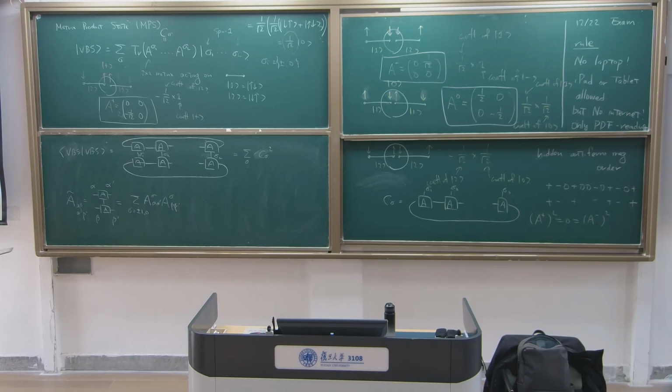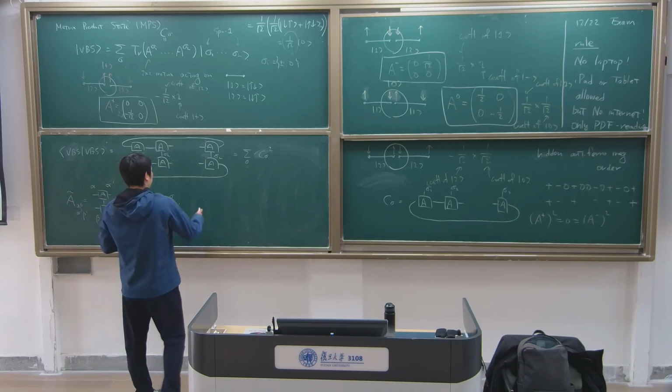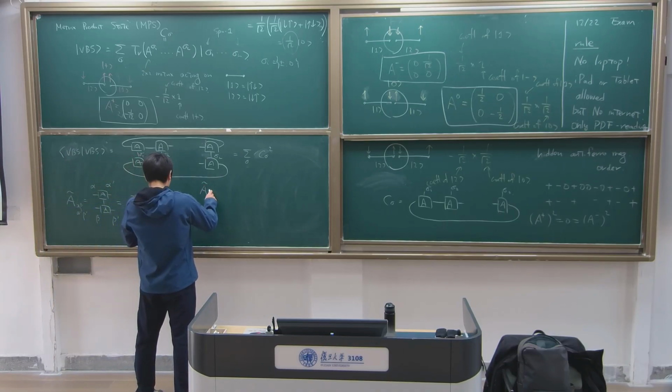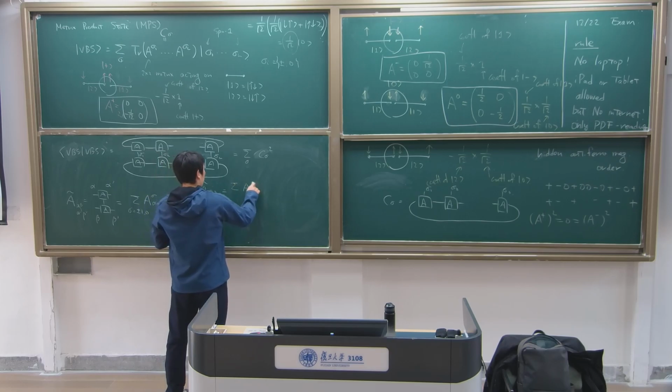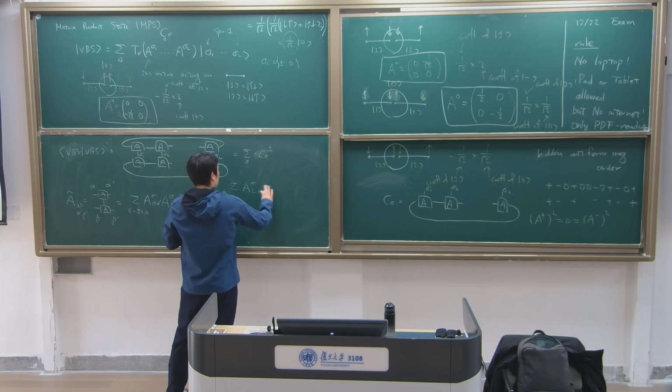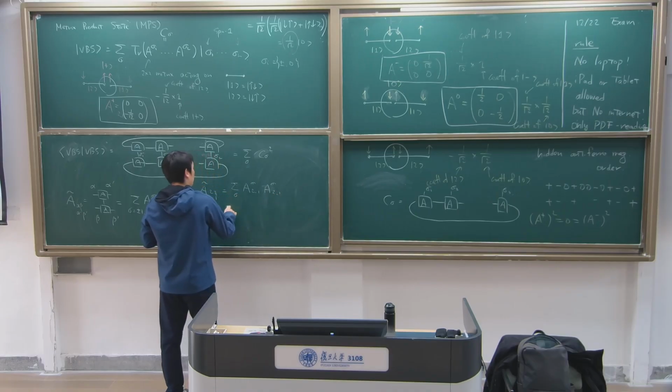What we need to do is compute and fill up, for instance, the small ones, which is equal to a sum over sigma, T1 sigma.